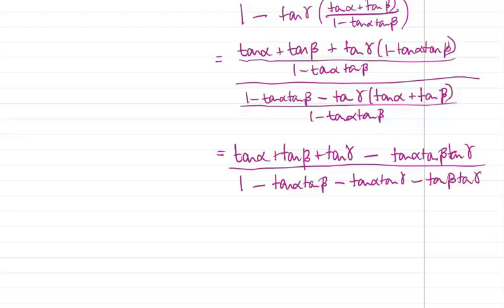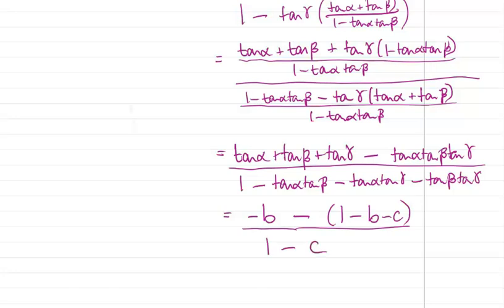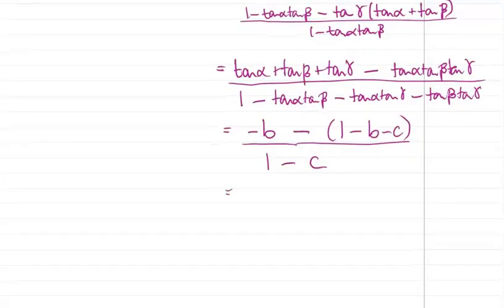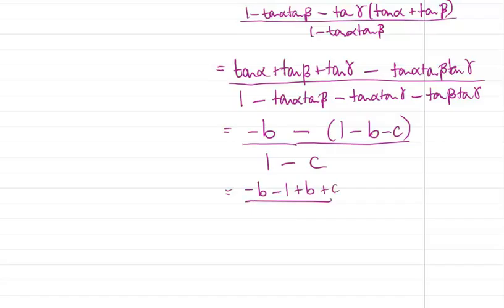So now I get to use the equations that I had before. The first piece is the sum of roots, and I know that the sum of roots equals minus b, take away the product of roots, which I know is 1 minus b minus c. And then I've got 1 minus the sum of the pairs of roots, which is c. So just tidying that up a little bit, I've got minus b minus 1 plus b plus c all on 1 minus c. The b's go away.